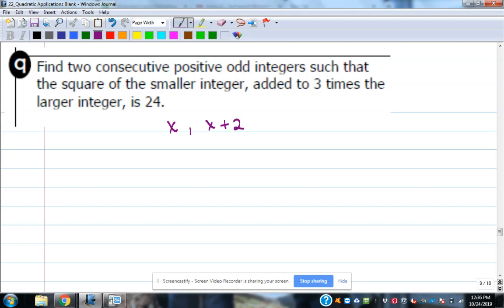Okay, so it says the square of the smaller integer. Which one's smaller? x, so that's x squared, added to 3 times the larger one, so plus 3 times x plus 2, is 24. So we've got a problem to solve. x squared plus 3x plus 6 equals 24.